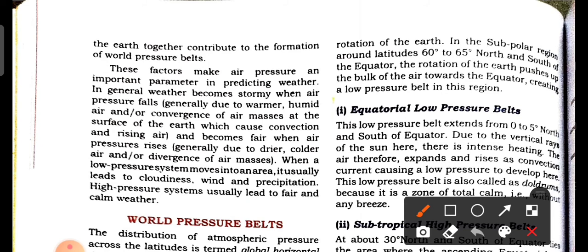And when the air pressure rises, the weather becomes fair, generally due to the drier colder air or divergence of the air masses.